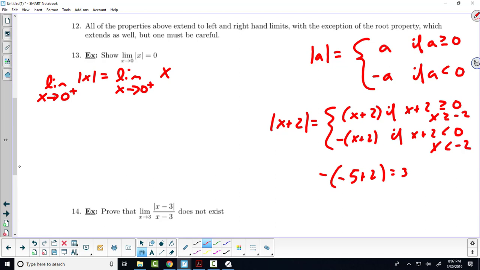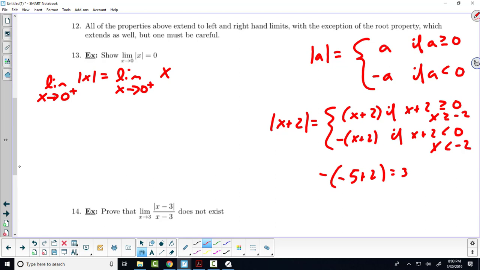Now, this is very important. What did I do to make this argument? I looked at the definition, right? I looked at the definition to do that. Did I just wish away the absolute values? No, I went to the definition and applied the definition to it. What is this function right here? It's a nice polynomial function. How can we evaluate limits of polynomial functions?